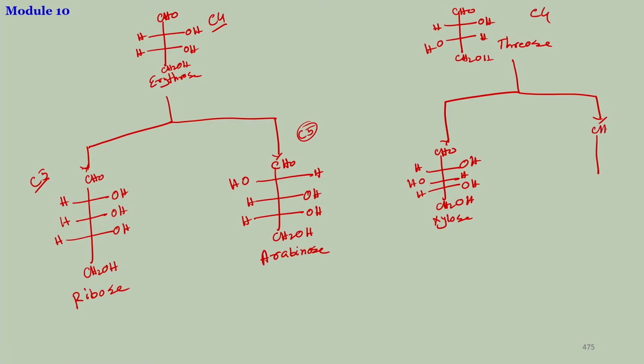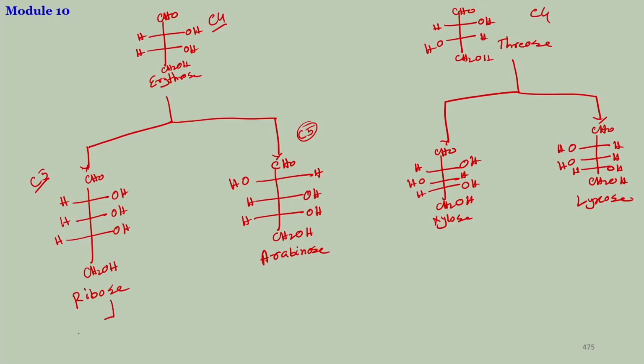And the other, H, OH, H, OH, OH, H, this is your lyxose. Ribose is a sugar that is abundant in DNA and RNA.